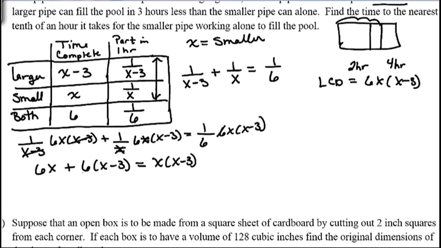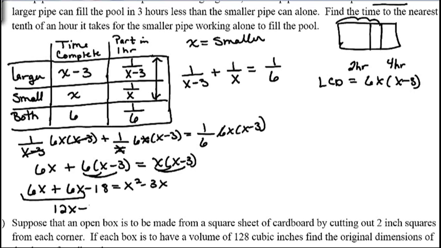Now we need to simplify this, so I need to distribute this 6 and distribute this x. That gives me 6x plus 6x minus 18 equals x squared minus 3x. Combining like terms, I have 6x plus 6x, so that's 12x, minus 18, and it's equal to x squared minus 3x.